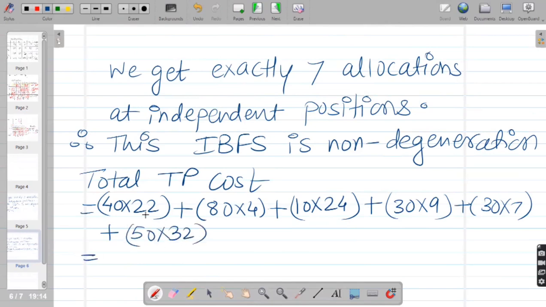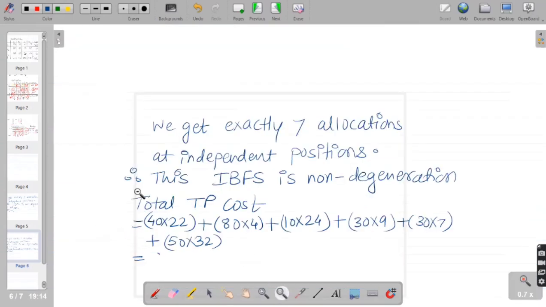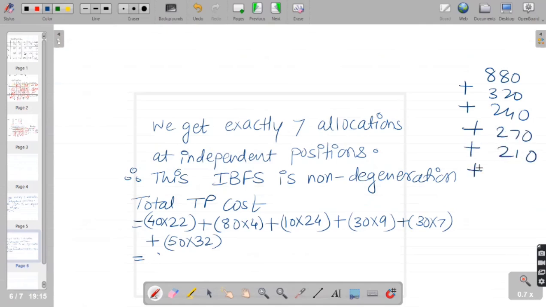So that final answer would be, we will calculate it here, 880 plus 80 into 4 is 320 plus 10 into 24 is 240 plus 30 into 9 is 270. 30 into 7 is 210 plus 32 into 50, that is 1600.